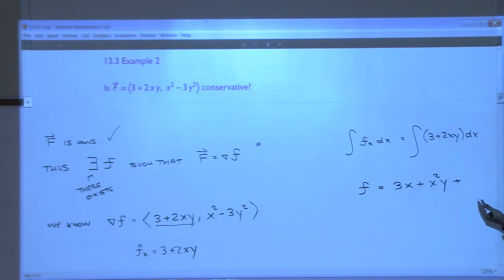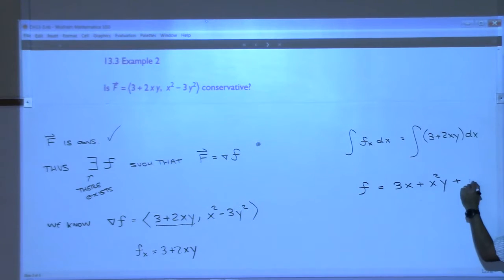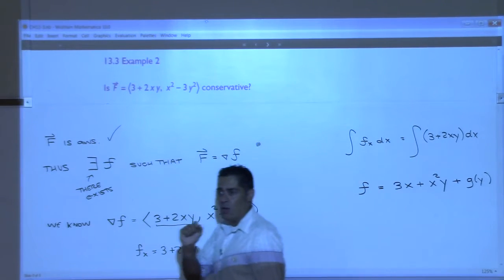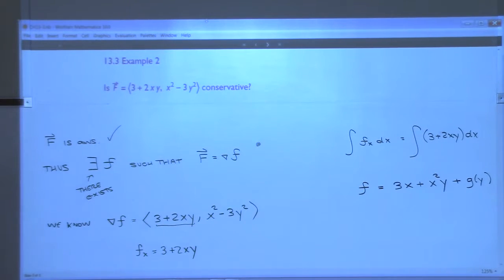What if it was sine of y here? It would still give you that if you took the partial with respect to x. So it can be basically anything that has just y's in it. I'm going to say any function of y. This is now acting like my constant of integration. But the key is that this function can only have y's and constants in it, so that when I take the derivative with respect to x, it will vanish, since it has no x's in it. Understand? Okay, so that's what I know about little f right now.